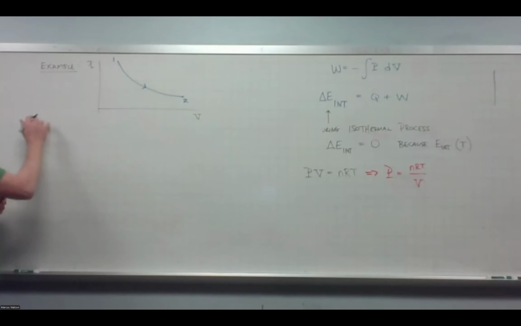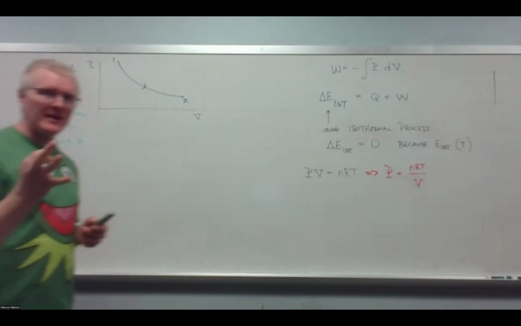Alrighty, what we know is that P1 is, say, 32 atmospheres. V1 is 1 liter, and T1 is 300 Kelvin. What we know about state 2 is that V2 is 4 times V1.